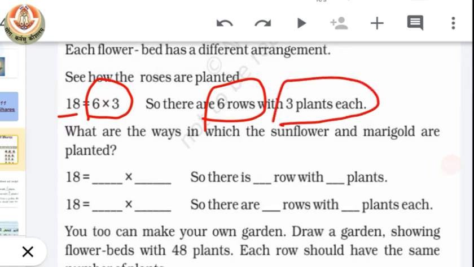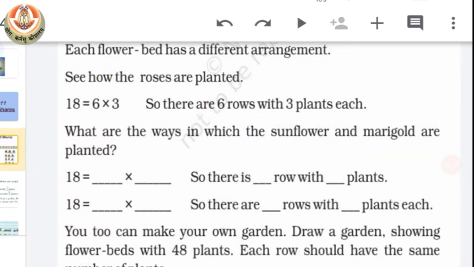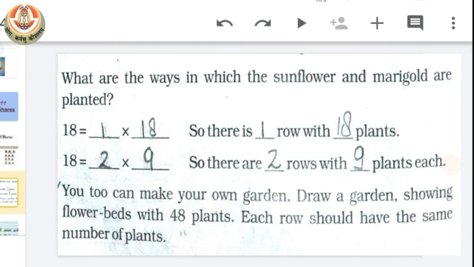Now what are the ways in which the sunflower and marigold are planted? Let's see the solution. We can see that there is a total of 1 row for sunflower, and in that one row there are a total of 18 plants of sunflower.